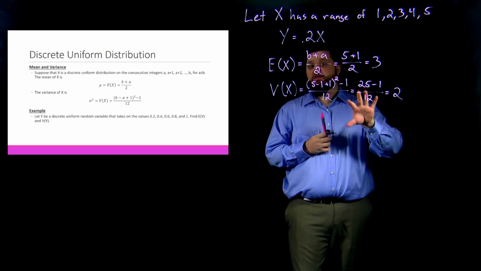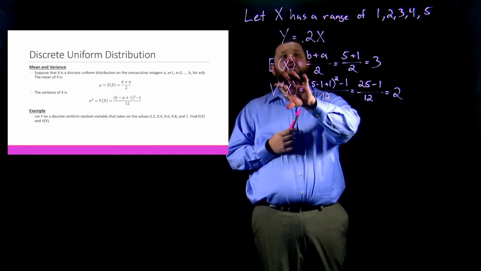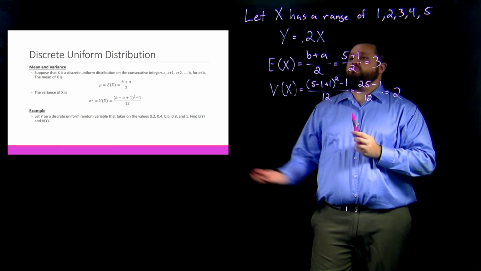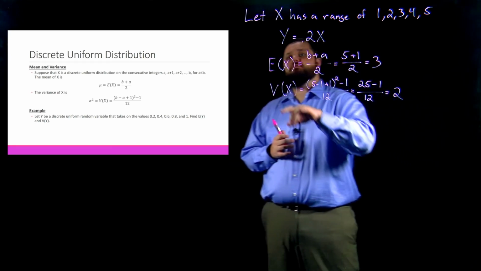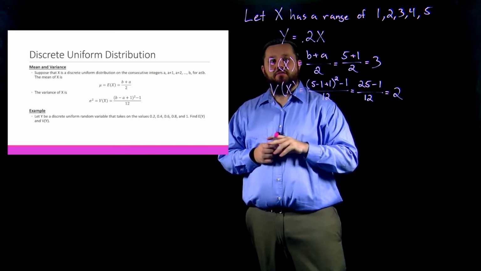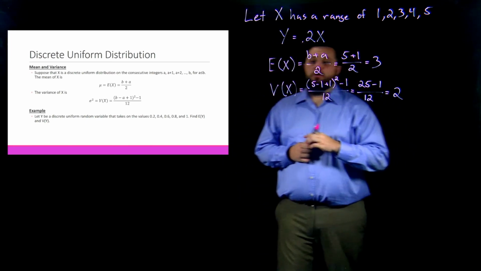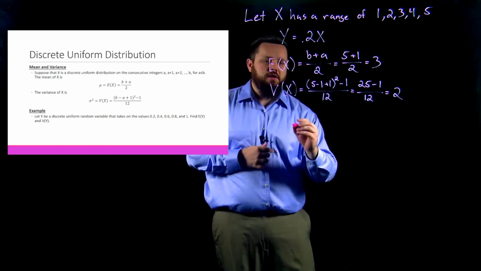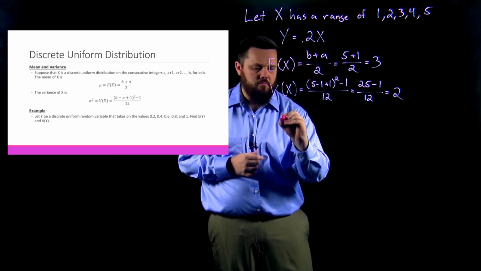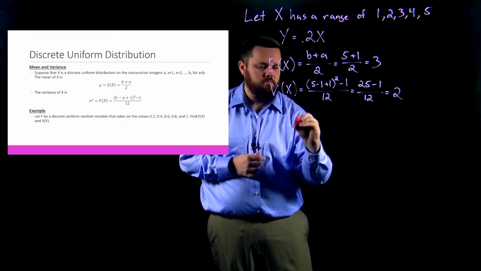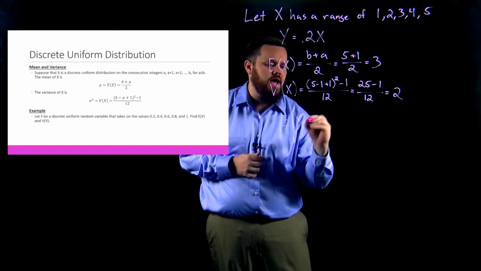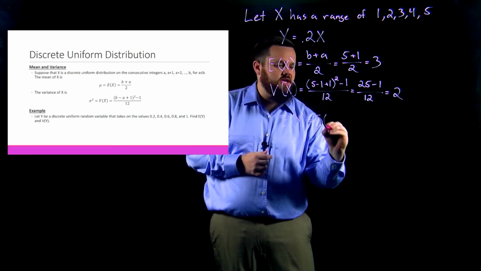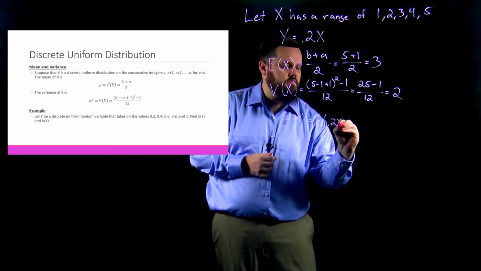Now, we're not finished. What we found is the variance of x, this variable that we created. What we set out to find initially was the expectation and variance of y. Now, to do that, we can use previous formulas that we have looked at. So the expectation of y is going to be equal to the expectation of 0.2 times x.